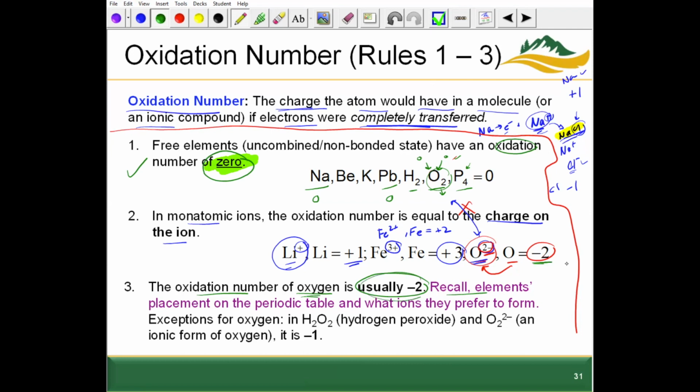The exception for oxygen, one of the exceptions is hydrogen peroxide and diatomic oxygen, but the anion form, where the oxidation number here is -1 and here is -1. Generally, we're not usually going to work with an ion like this, and hydrogen peroxide is an exception, so we're not normally going to think about the exception. Generally, we're going to think of oxygen having this oxidation number of -2, unless, of course, it's in a diatomic form where its oxidation number is 0.